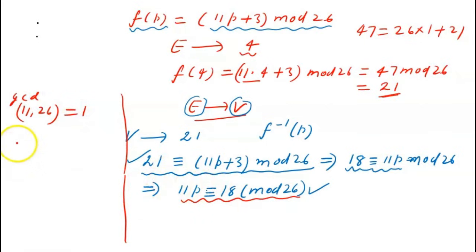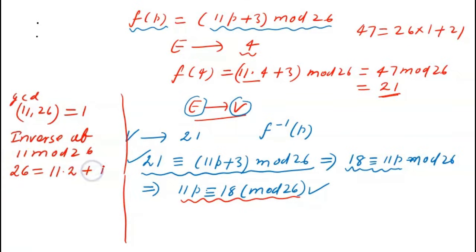So it means that we can find the inverse of 11 modulo 26, and I will multiply by the inverse of 11 modulo 26 in this congruence. How to find the inverse of 11 modulo 26? One way is to use hit and trial. Another way is to use the Bezout coefficients. So 26 can be written as 11 into 2 plus 4.